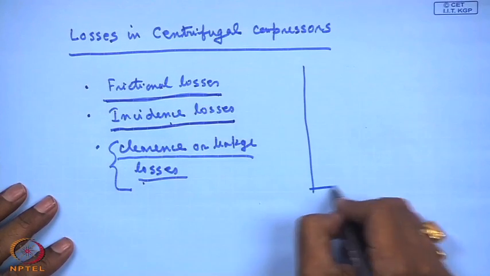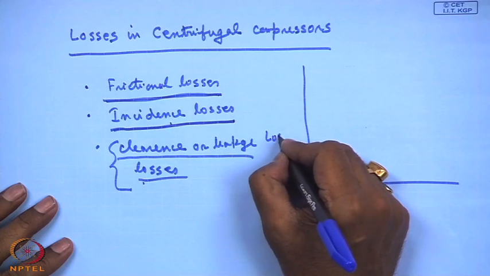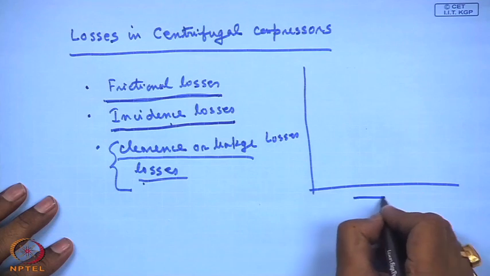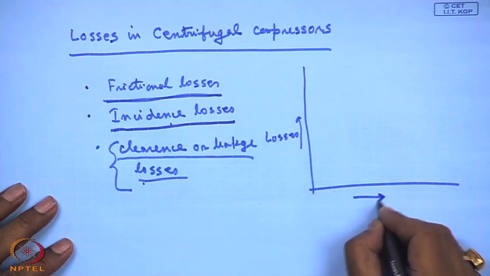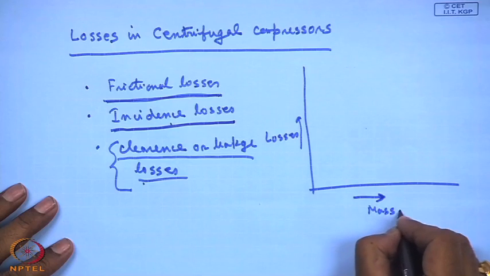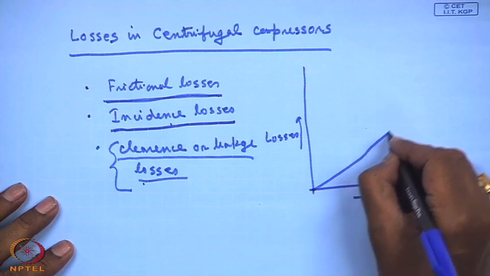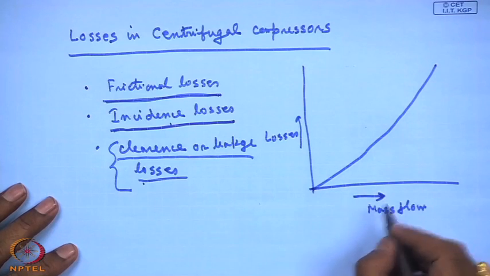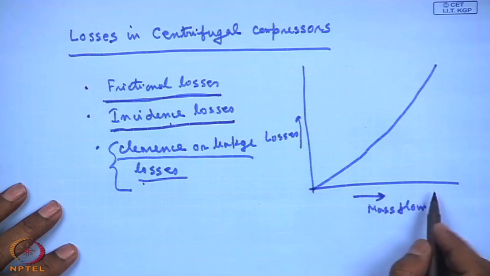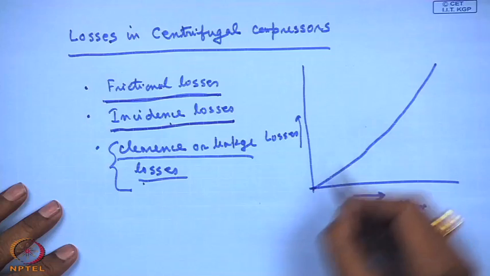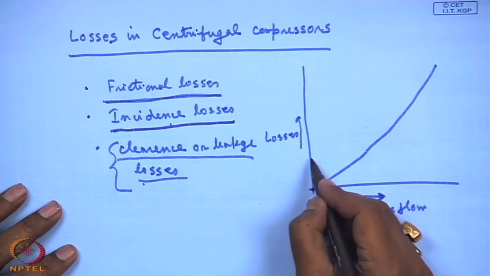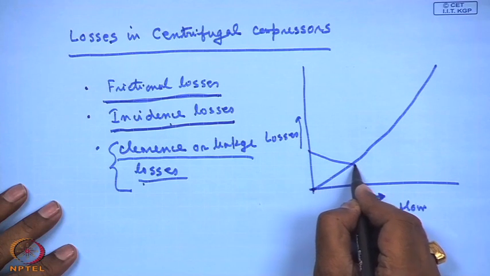Now, if you draw a figure of losses versus mass flow, you will see this type of figure. Frictional losses always increase with the mass flow like this. It is 0 when there is no mass flow. Incidence losses give a picture like this.